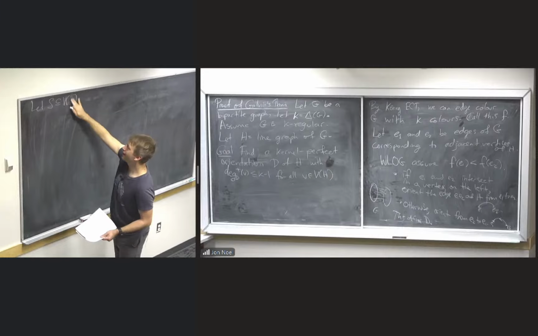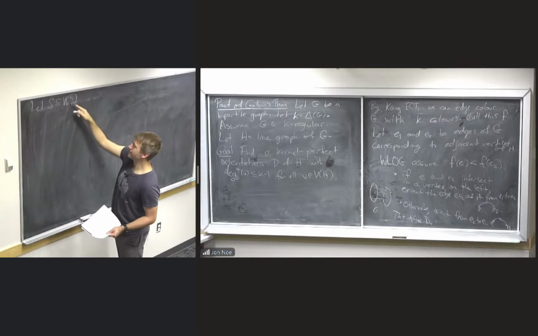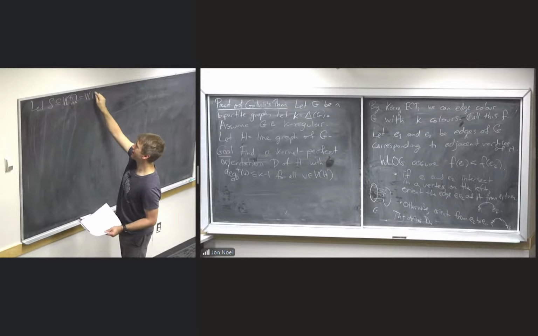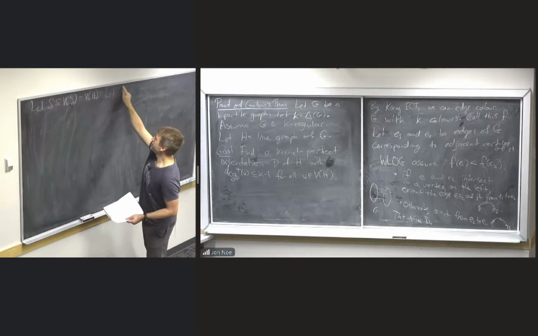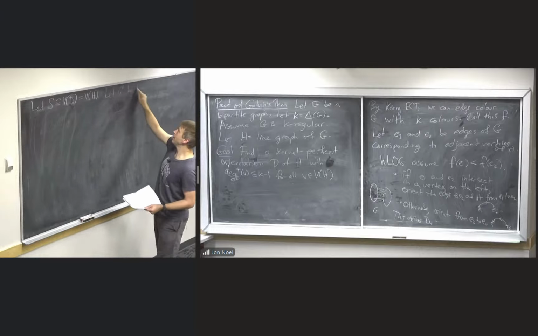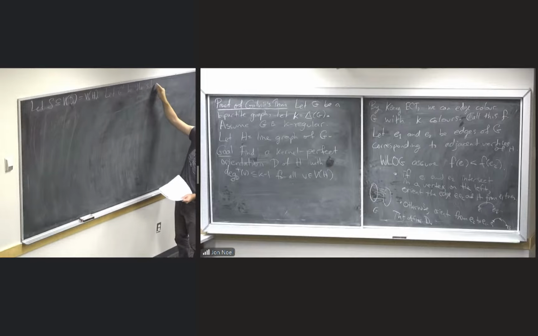It's a subset of the vertices of D, but these are the same thing, right? D is just an orientation of H. So let G prime be the subgraph of G with edge set S.